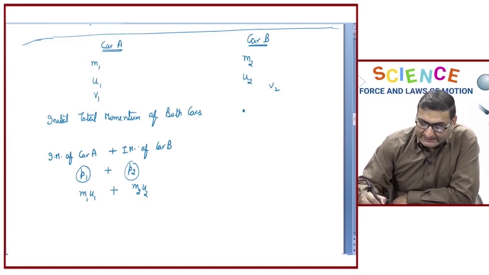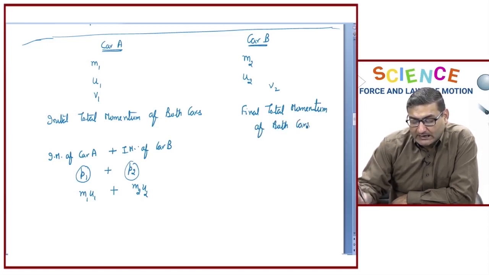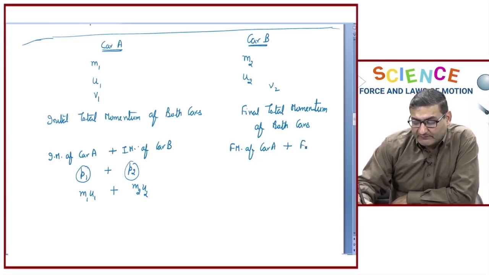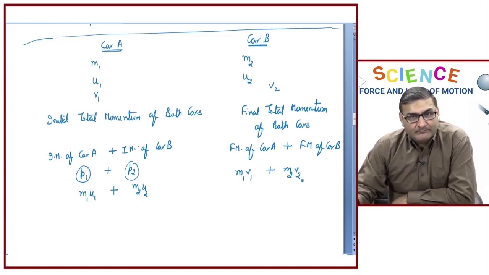Now, when we take the final total momentum of both the cars, that will be equal to the final momentum of car A plus the final momentum of car B. The final momentum of car A will be m1 v1, because it is the product of mass and final velocity, and the final momentum of car B will be m2 into v2, right.